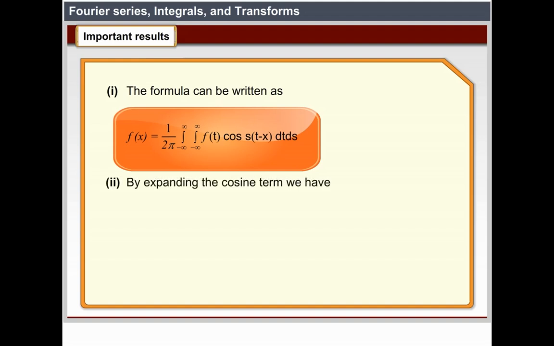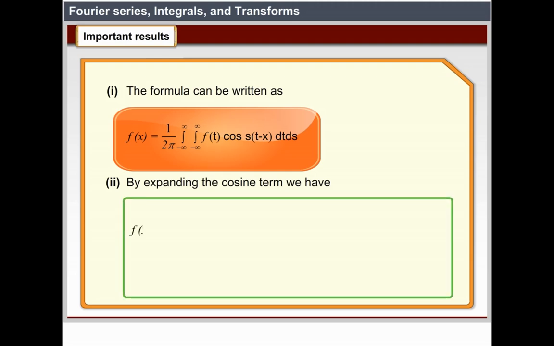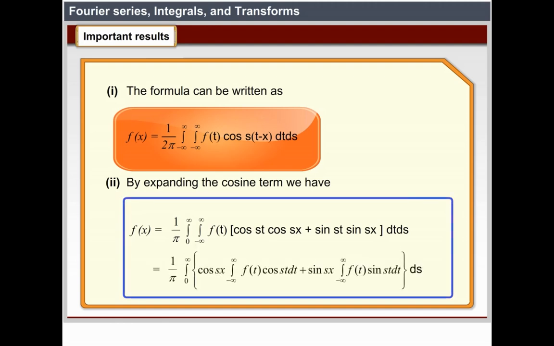By expanding the cosine term, we have f(x) equal to 1 by pi integral 0 to infinity, integral minus infinity to plus infinity, f(t)(cos st cos sx plus sin st sin sx) dt ds, equal to 1 by pi integral 0 to infinity of cos sx integral minus infinity to plus infinity f(t) cos st dt plus sin sx integral minus infinity to plus infinity f(t) sin st dt, ds.